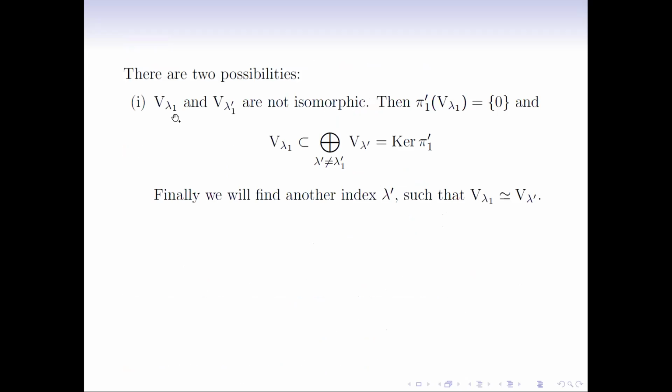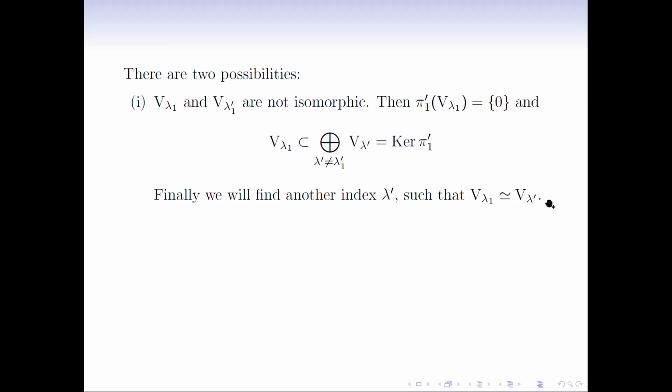So the first possibility is that V_λ1 and V_λ1' are not isomorphic. Then π_1' restricted to V_λ1 equals 0. It means that V_λ1 belongs to the sum of V_λ' for λ' not equal to λ1', so the kernel of π_1'. So finally, we'll find another index λ' such that V_λ1 is isomorphic to V_λ'.